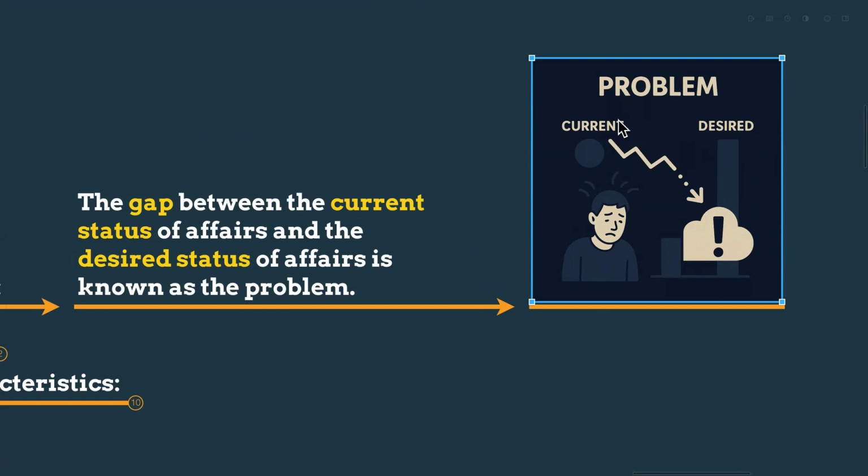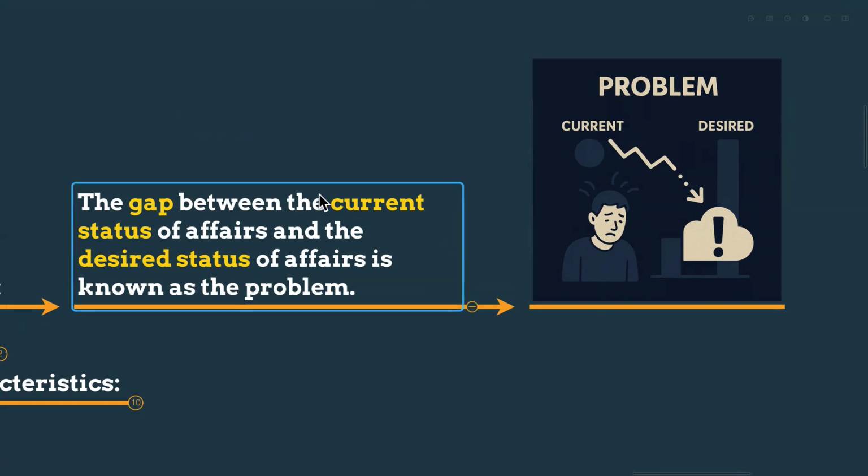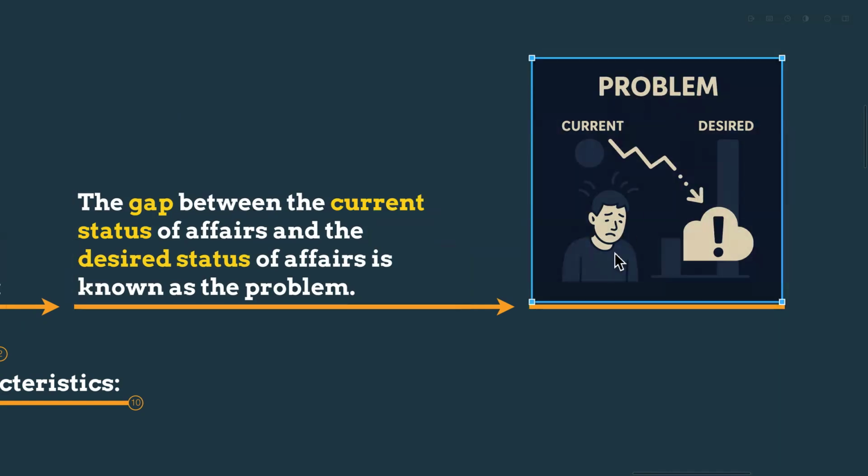So there is a gap. The desired status of Farhan is 50,000 rupees monthly profit, but the current status is only 30,000. So the gap is 20,000 rupees. That's the problem.